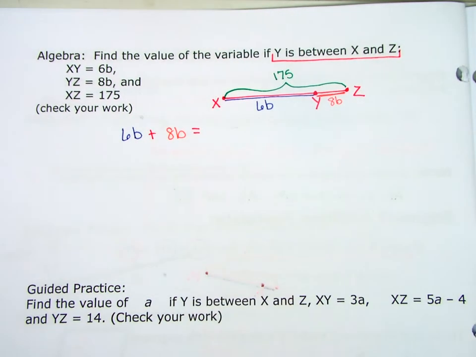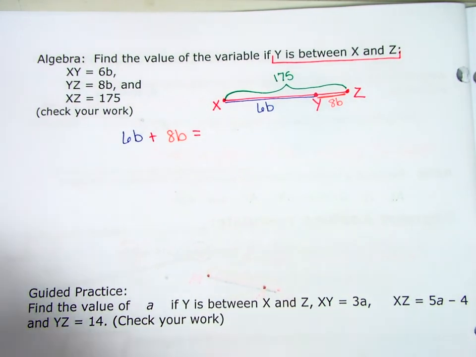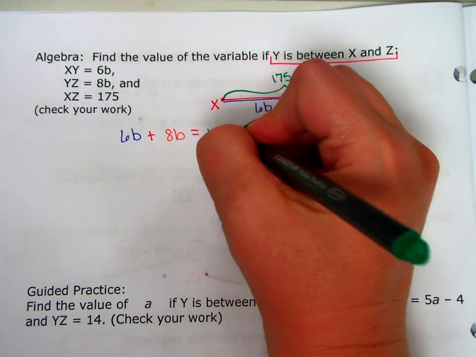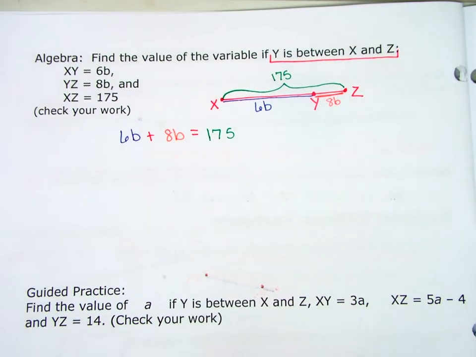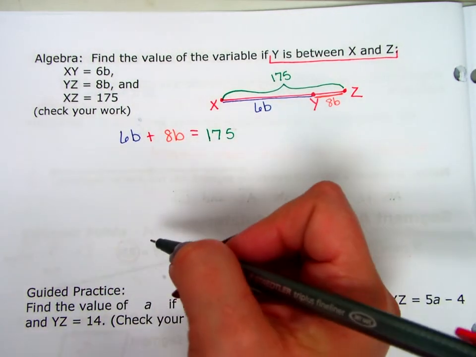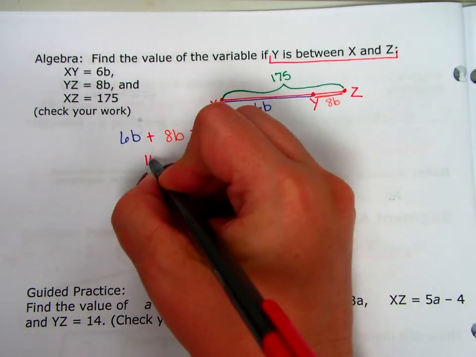And that's going to give me 175, the whole thing. All right, what's the first thing I want to do? Combine like terms. So when I put these two together, 6b plus 8b, I have 14b.